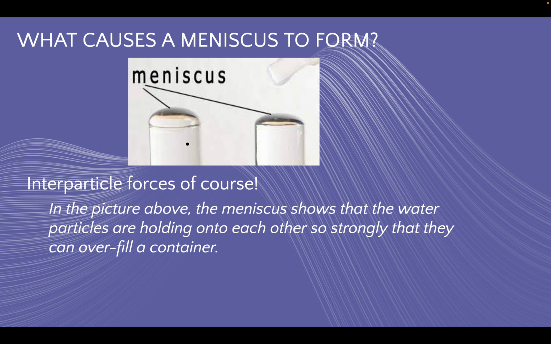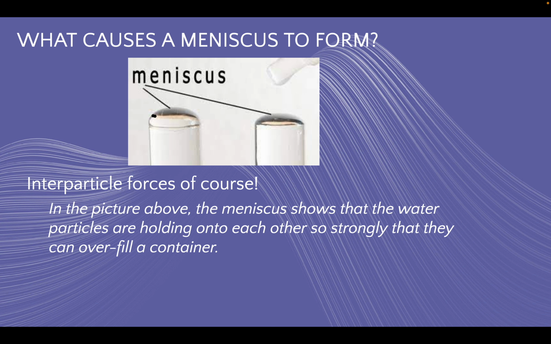So in the picture above, you can see that the water is being curved because all the individual particles are actually holding on to each other. If you took a look at this water particle right there, why isn't it falling over the side?